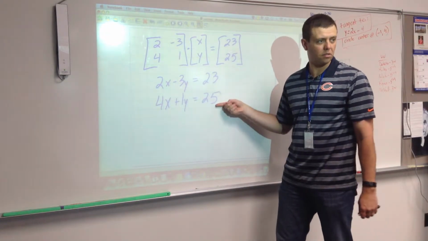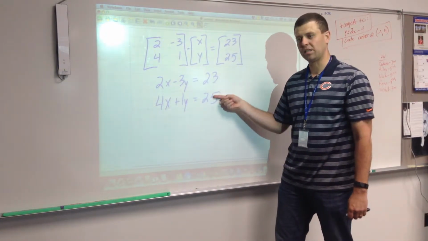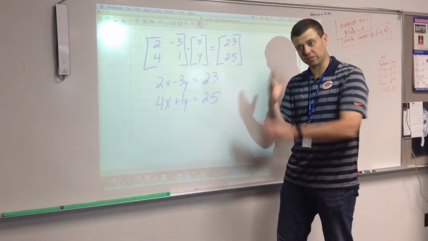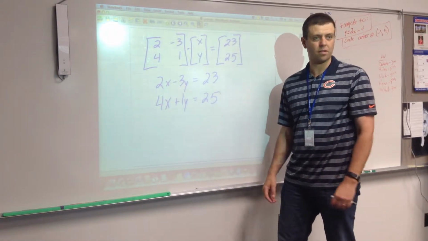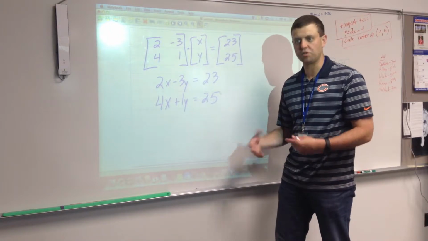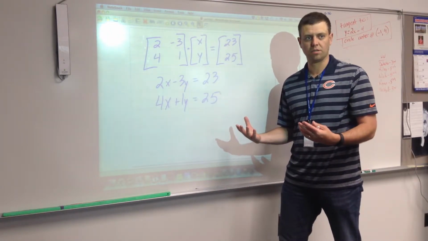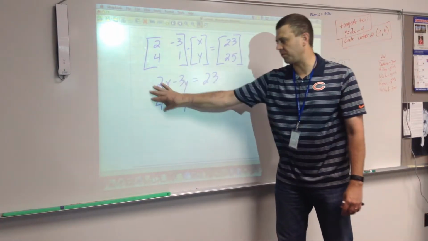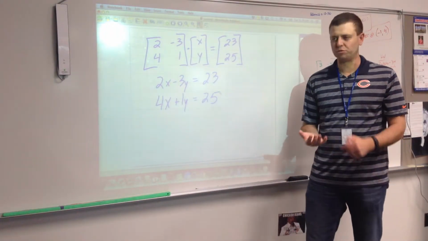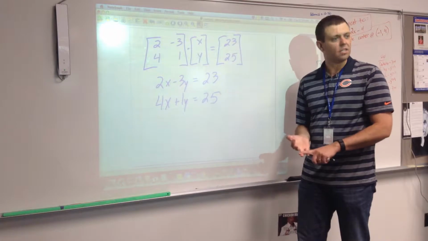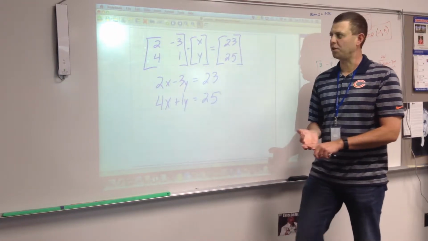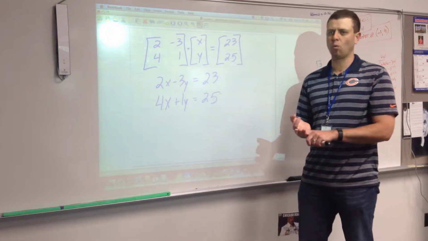You've done this before. That's a line, that's a line. How do I solve a system of equations? Graph it, see where they meet. Use substitution, use elimination, whatever you want to use. For a simple system of equations like this, you would probably use one of those methods: graphing, substitution, or elimination. I'm going to teach you how to do it with matrices. You're like, well, why?